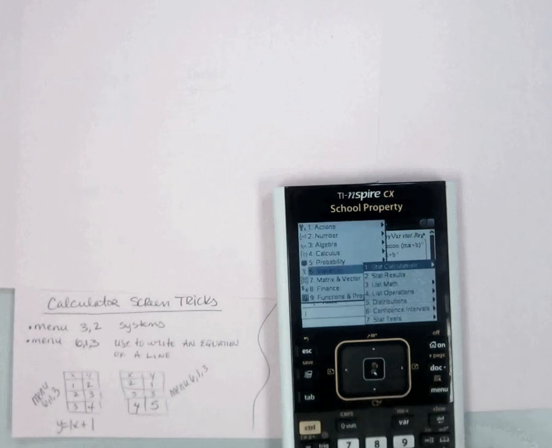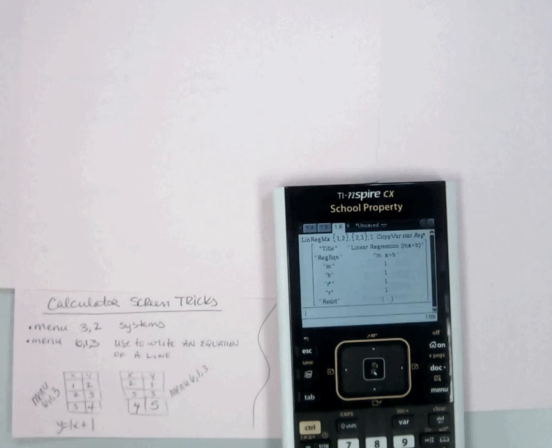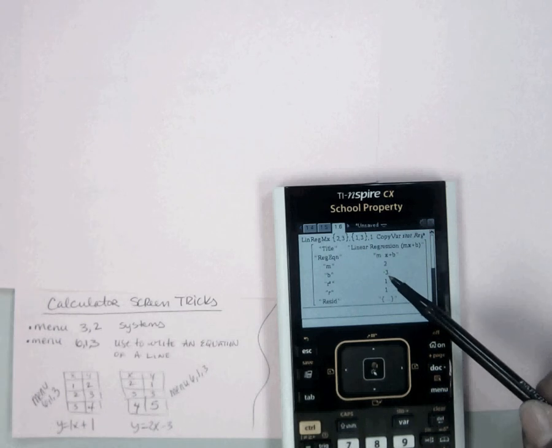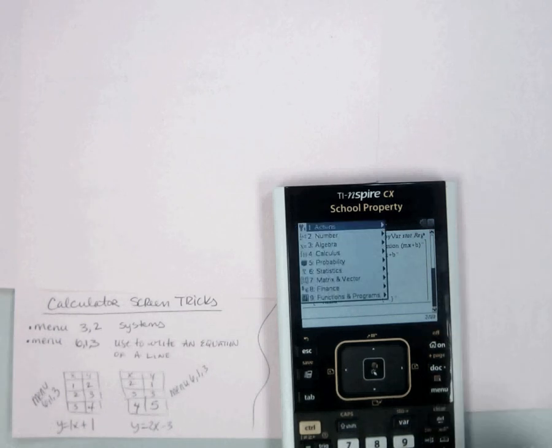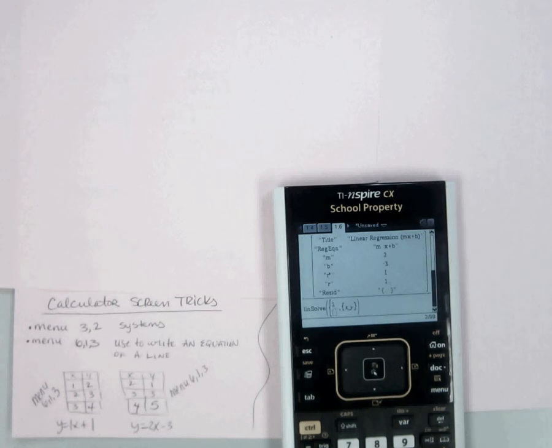Menu 6-1-3. Control right, 2, 1. Excuse me, 2, 3. Don't make that mistake. Control right, 1, 3. And now I have y equals 2x minus 3. So with that, I am now going to do menu 3-2. I'm using x and y. Plug these in, and guess what? I get the solution.